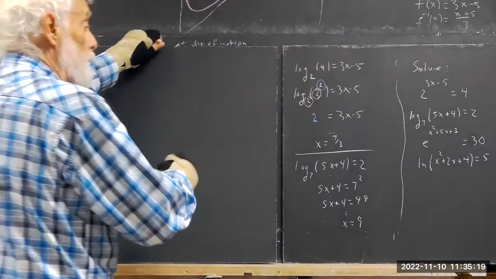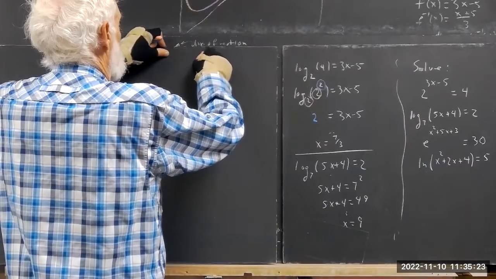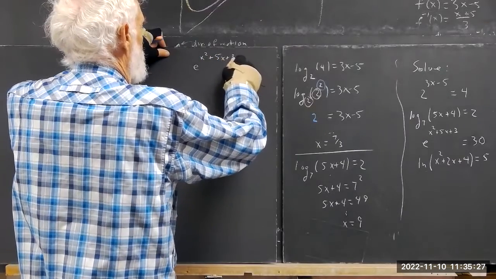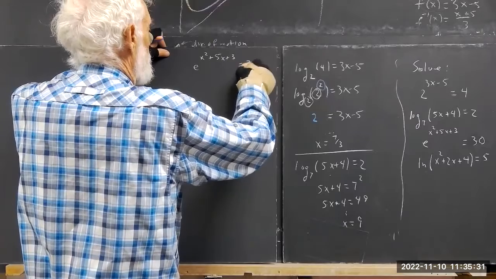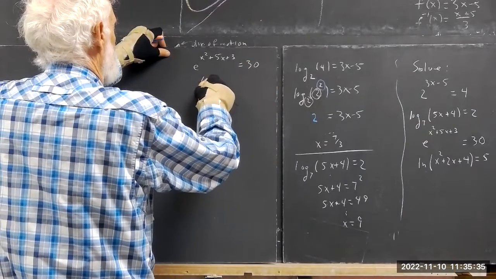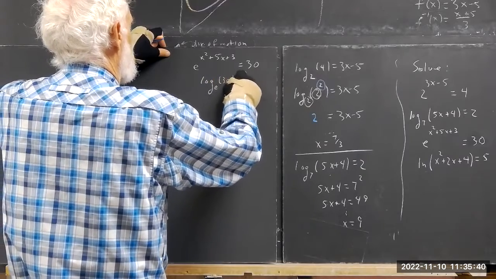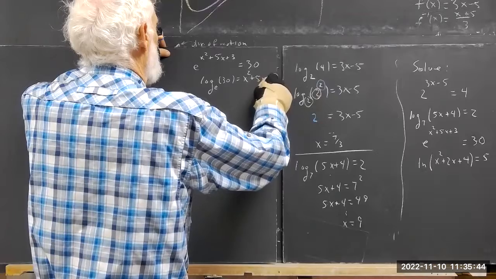So we have e to the x squared plus 5x plus 3 equals 30. This would be written as log base e of 30 equals x squared plus 5x plus 3.